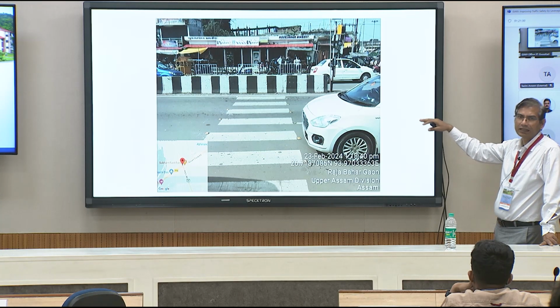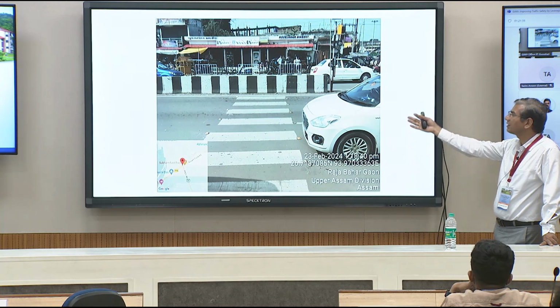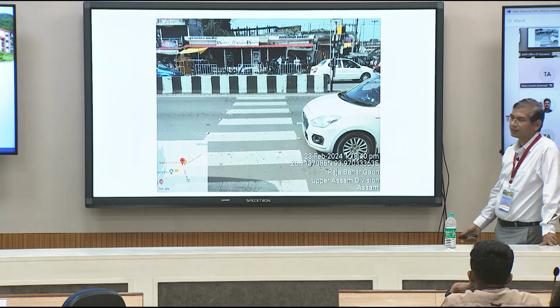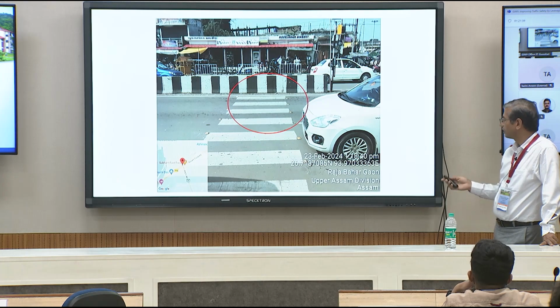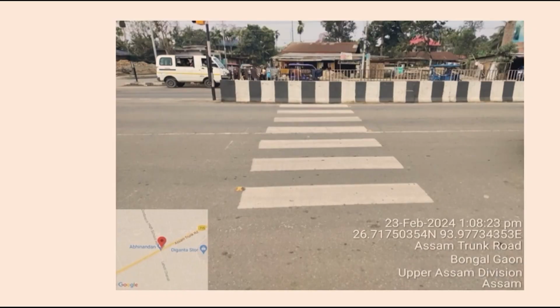If you are building this kind of facility, how do you expect pedestrians will follow it? It is not only one; there might be others, in multiple places, like this newly built facility. They had marked the crosswalk, but they had marked it at the wrong places.